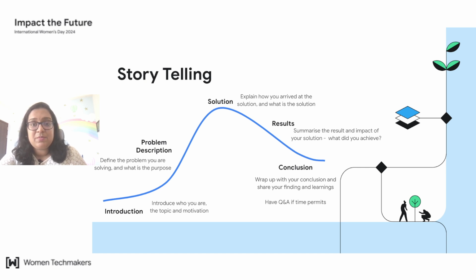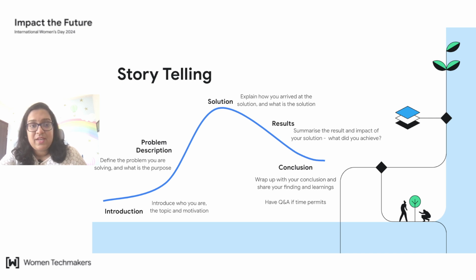In the problem description phase, we clearly articulate what the problem is and how it is relevant to our audience. In the solution phase, we describe and share how we arrived at the solution, and if there were multiple approaches and we selected one over the other, we call it out here.